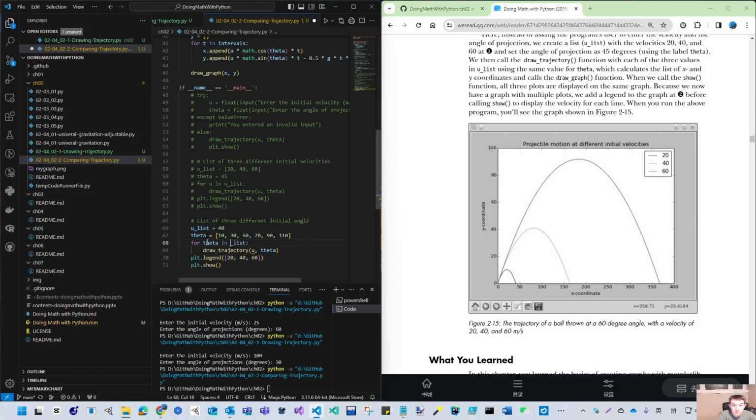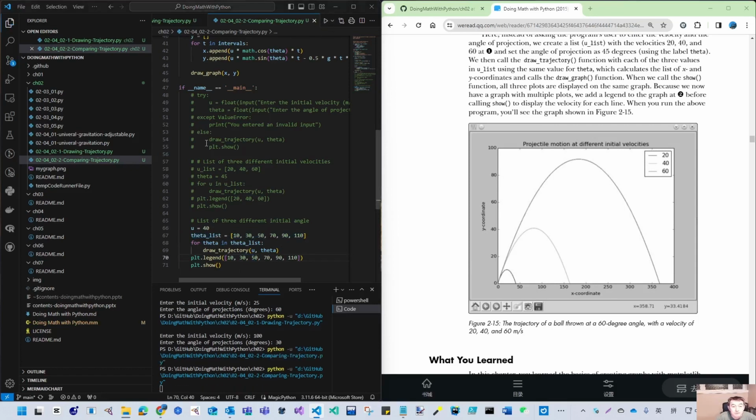For theta in theta list. Now my u is just like this. So the plot, I also copied. Let's see what I got now.